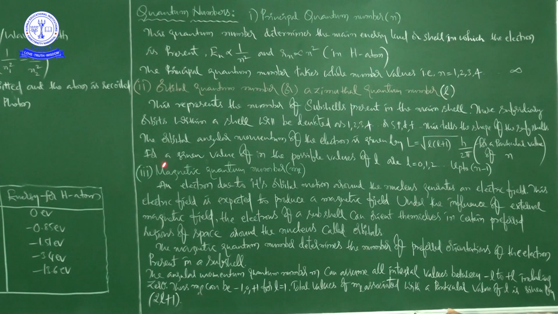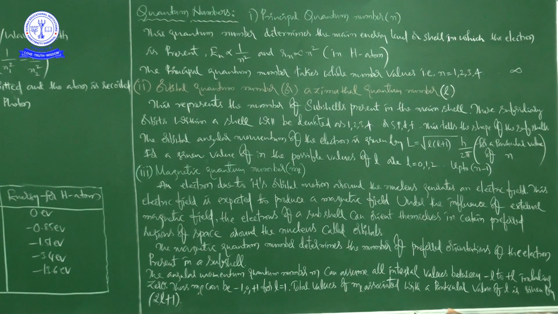Next, for a given value of small n, the possible values of small l are l is equal to 0, 1, 2, up to n minus 1.